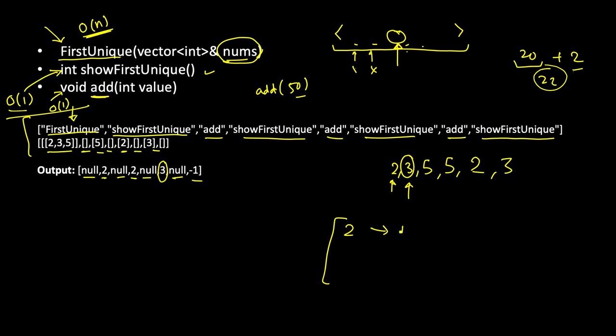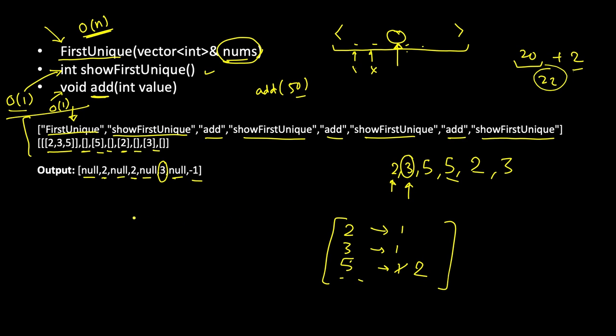The first time a number occurs, I store 1. 3 also 1. Whoever's count is 1, that is unique. Then 5 is 1, then the second 5 comes, we increment the count to 2, and this way you keep storing in a hash map. So this add part will be fine, it will be order 1, and you are also keeping track of which numbers are unique.